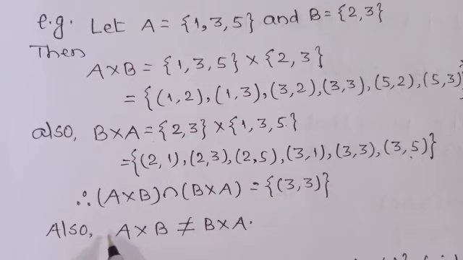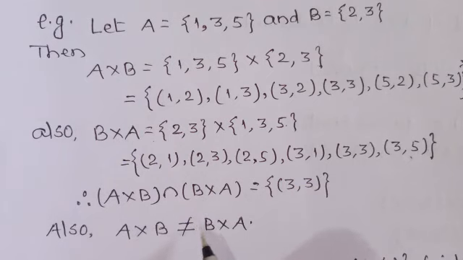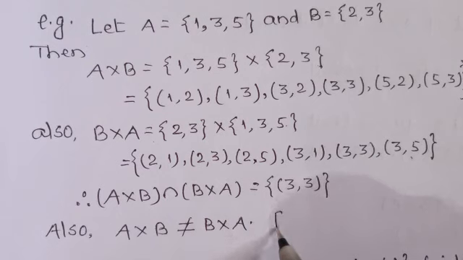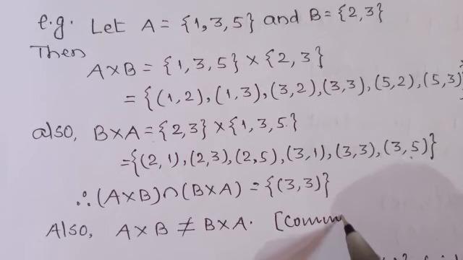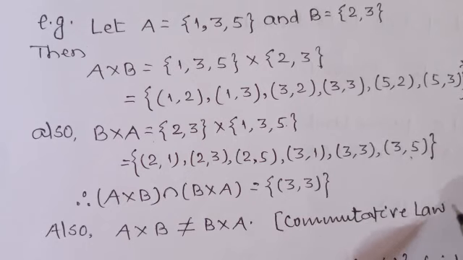Also we know, see, that A cross B is not equal to B cross A, which means it does not follow the commutative law of sets.